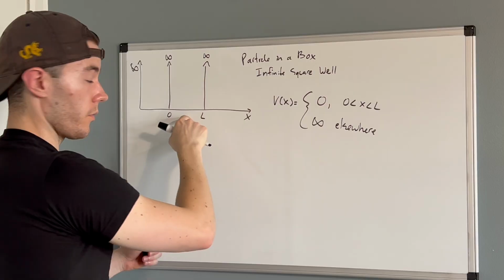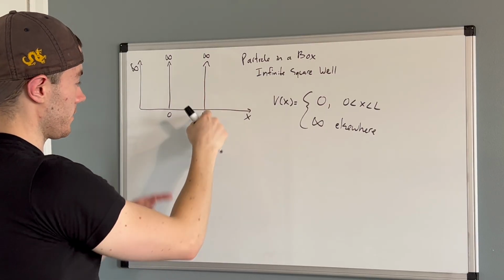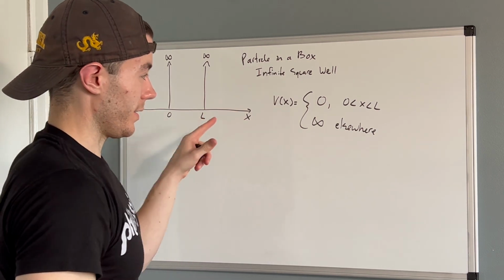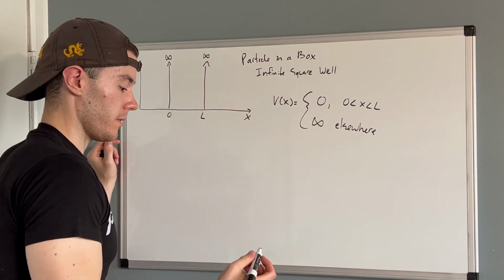So the potential is 0 in the box, and it's infinite at the sides of the box and outside the box, which means the particle is in the box 100%.